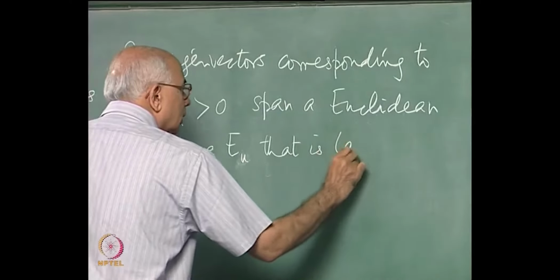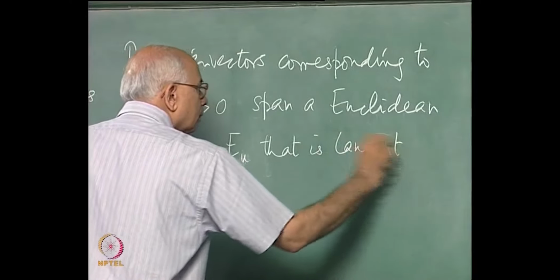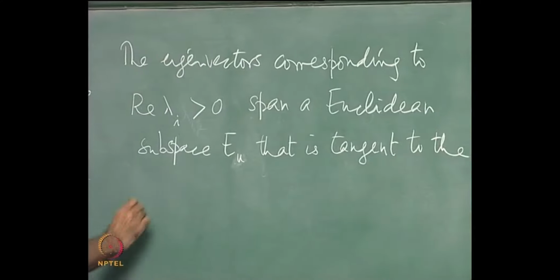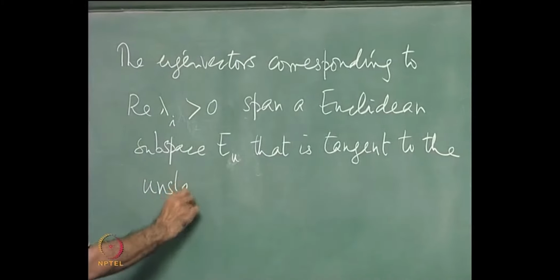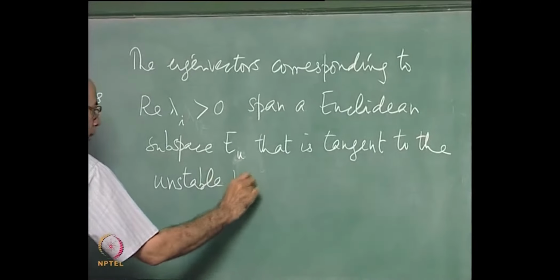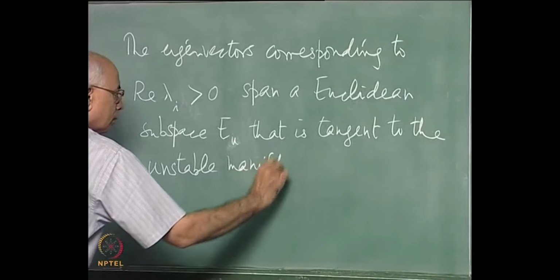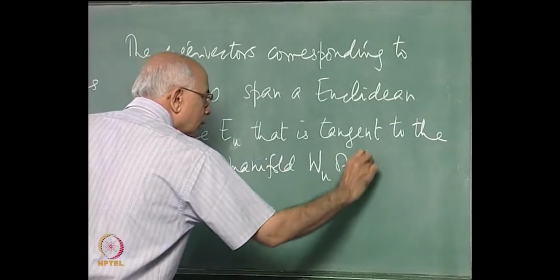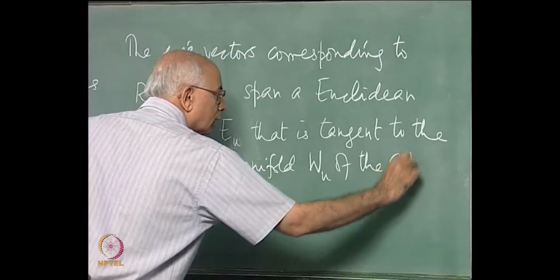That is tangent to what is called the unstable manifold of the critical point.